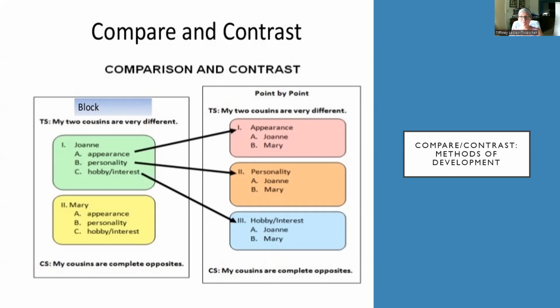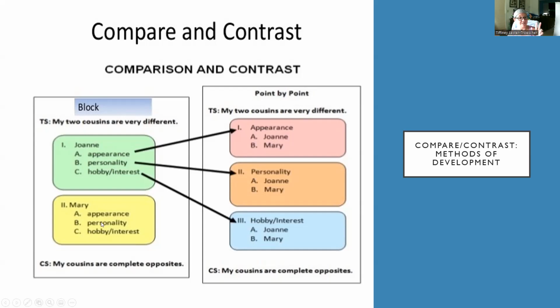One thing that you'll notice in both is how the order of things is maintained. So over here in the block method, when we were in the section about Joanne, we talked about appearance first, then personality, and then hobbies and interests.